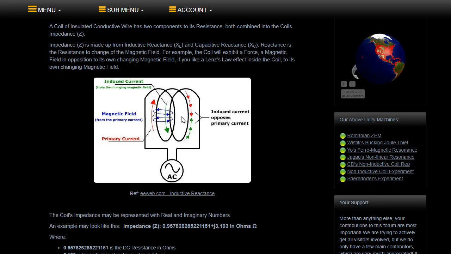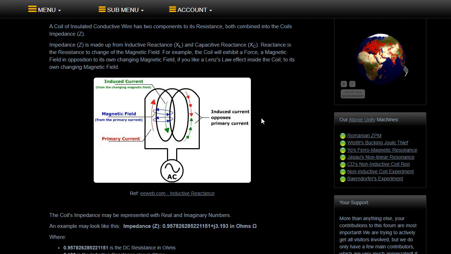If you apply 12 volts across a coil at a particular frequency, it might be that only 1 or 2 of the 12 volts are actually doing any work in the coil. So it's a very, very small amount of applied voltage, and therefore applied current, that actually does the work in the coil because of the back EMF. The back EMF is the problem, at least in some situations.